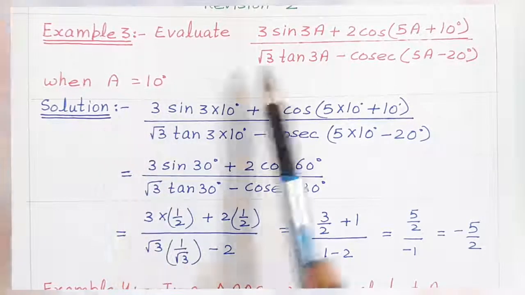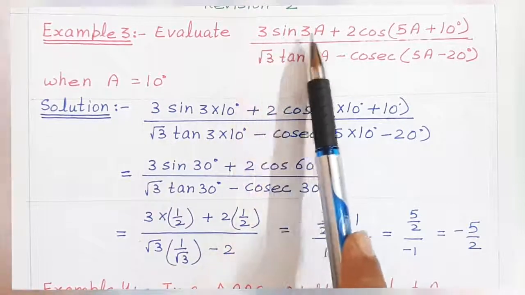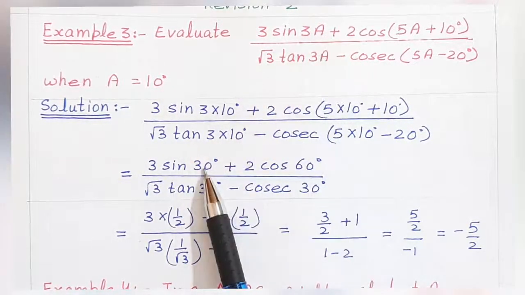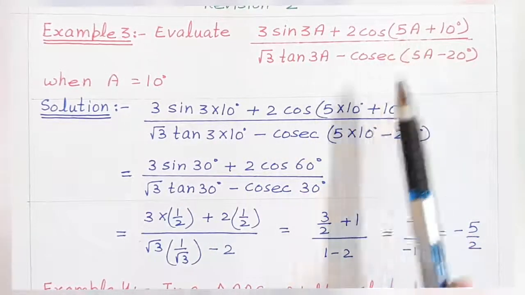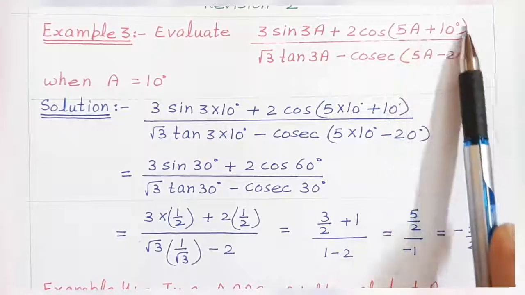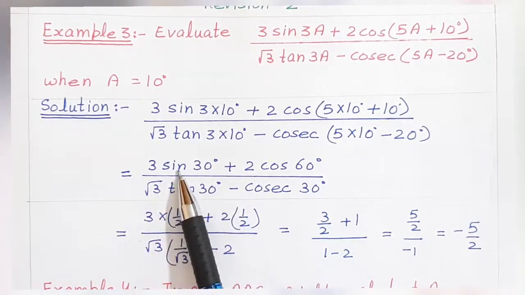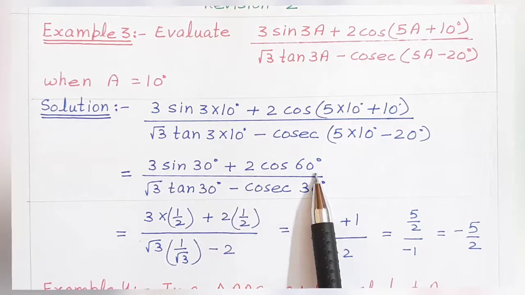Now let us substitute the values. 3 sine 3a. Now a is 10. So 3 into 10 is 30 degree. Then 5a. 5 into 10 is 50 degree. So 50 plus 10 will become 60 degree. So the numerator is 3 sine 30 degree plus 2 cos 60 degree.